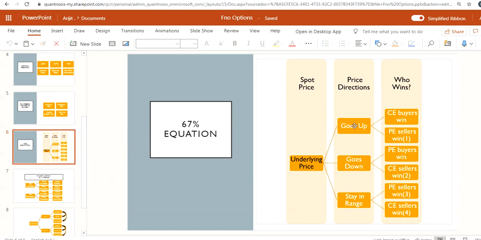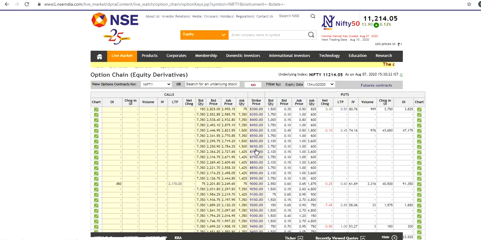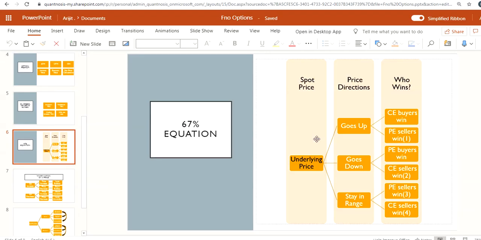It can move up from the current position, it can go down, or it can stay in the same range or near the current price. If I consider Nifty or any other stock, the current price is this, that is the truth. Price can either go above this, go below this, or stay at this price. So there are only three possibilities.